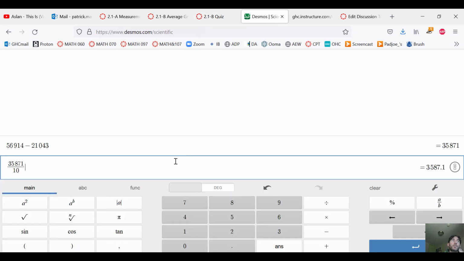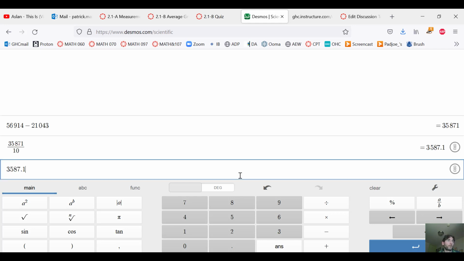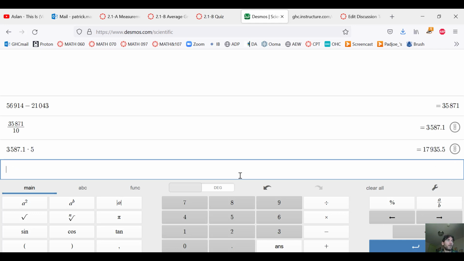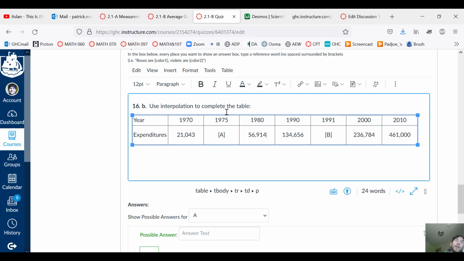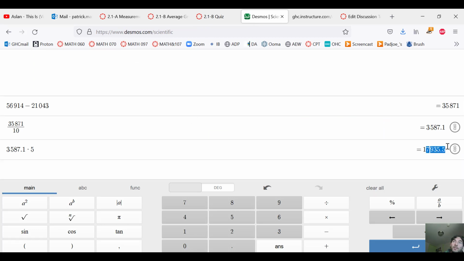So I take that number and multiply it by 5. Over the 5 years from 1970 to 1975, the expenditures increased by 17,935.5 million, so about $18 billion.